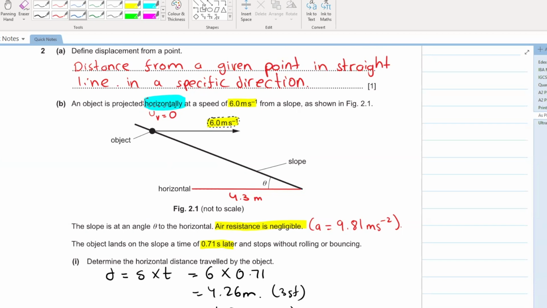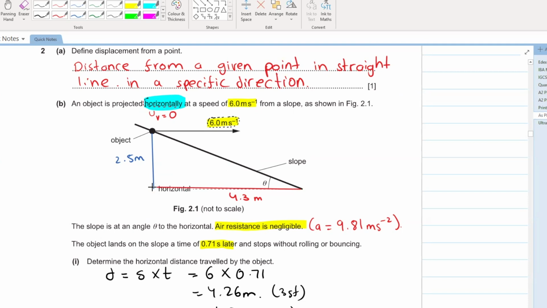Your vertical displacement, let me draw it from here, is 2.5 meters, and your horizontal displacement is 4.3 meters.